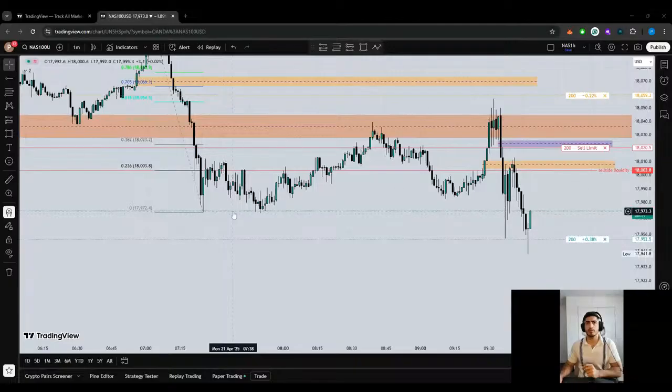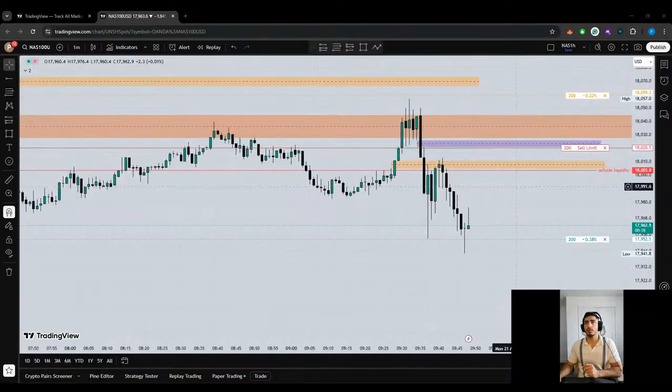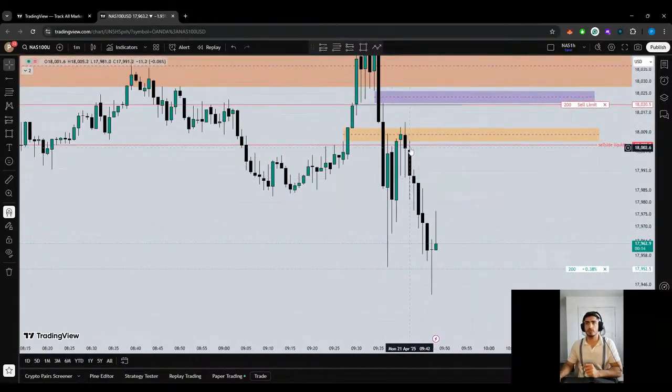Okay, we do have a break below these lows, which is interesting. We have no point of reference to enter in this down move. All the range has been covered, wicks, bodies, everything.